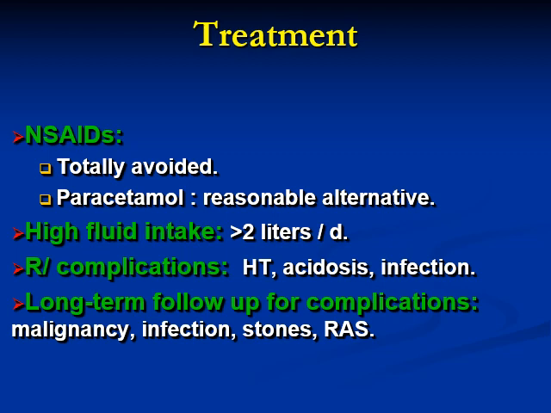You have to treat the complications that might develop, including hypertension, metabolic acidosis, and urinary tract infection. You have to keep an eye on this patient for the late complications that might develop, including malignancy, urinary tract infection, the development of stones, and renal artery stenosis.